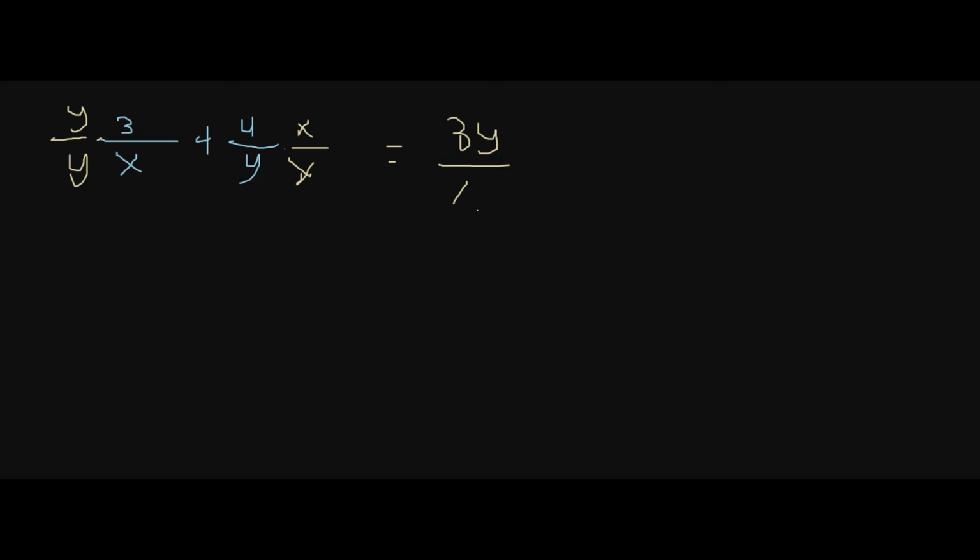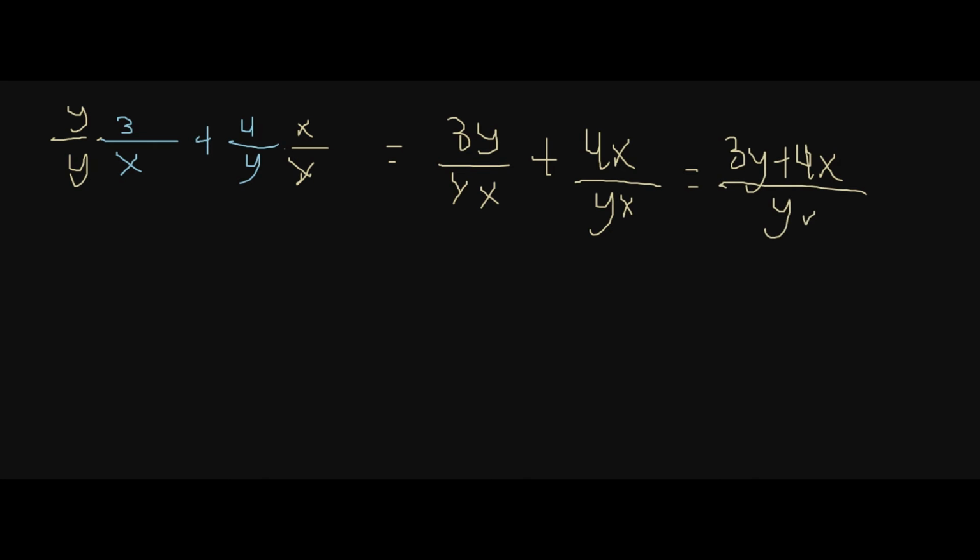Or if you want to, we could just write it as y times x, it's up to you. Okay, plus 4x divided by y times x. Okay, last but not least, this is going to be 3y plus 4x, all divided by yx. Again, the denominator stays the same. Okay, so you can see that all we're doing is just trying to get like terms on the bottom.